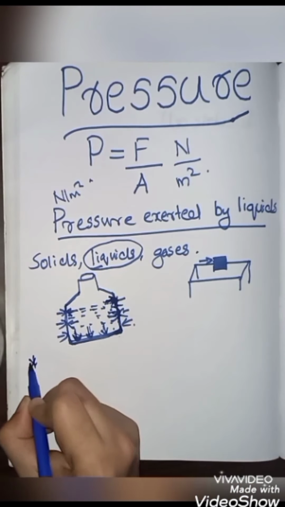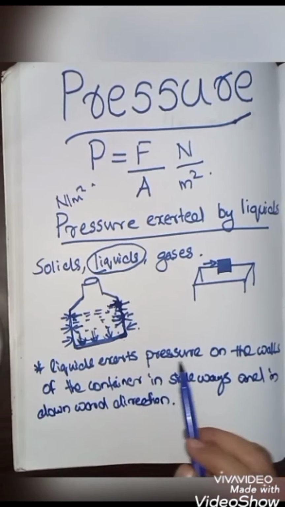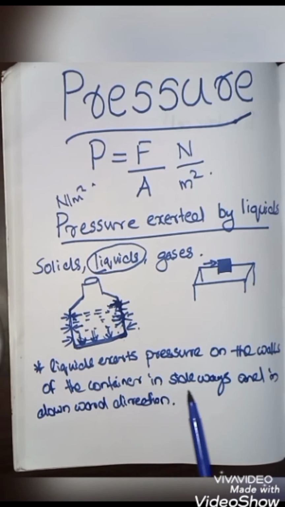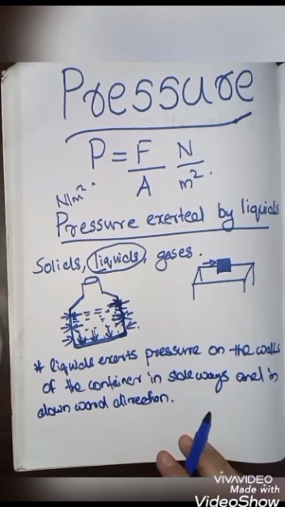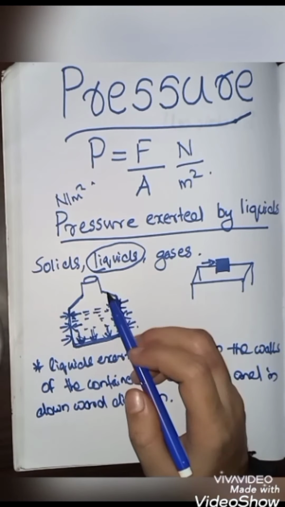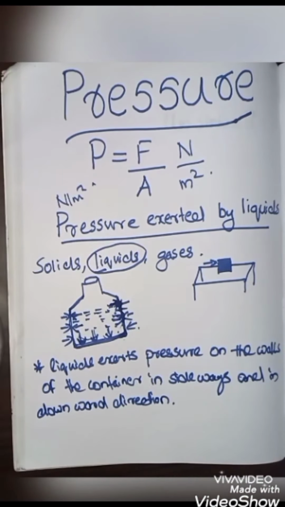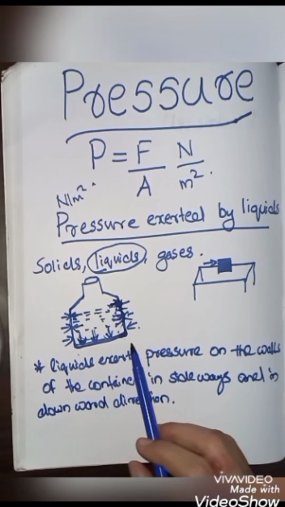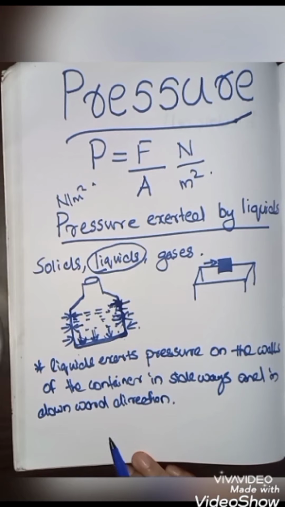The first point is liquids exert pressure on the walls of the container in sidewise and in downward direction. Okay, where will the pressure be more?